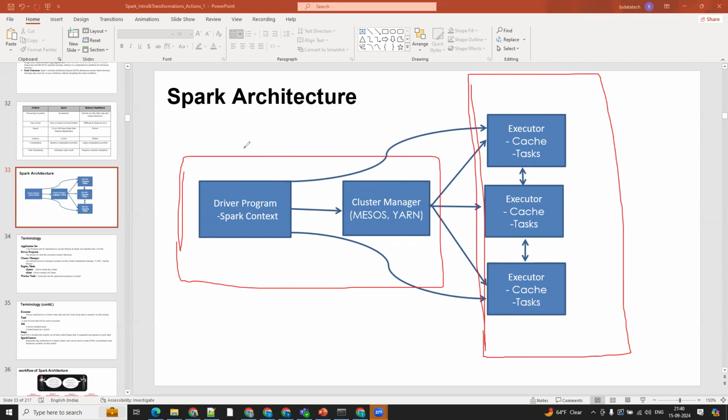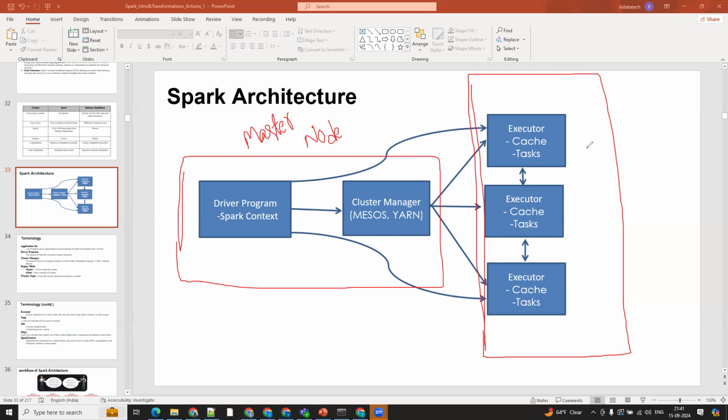This one we call a master node. These systems, see, a node is nothing but a system ultimately. Node or system or computer, whatever you call it, the terminology is the same here. It's like a system, I can say.